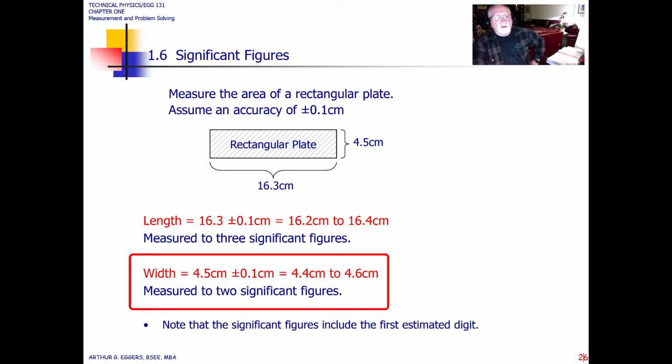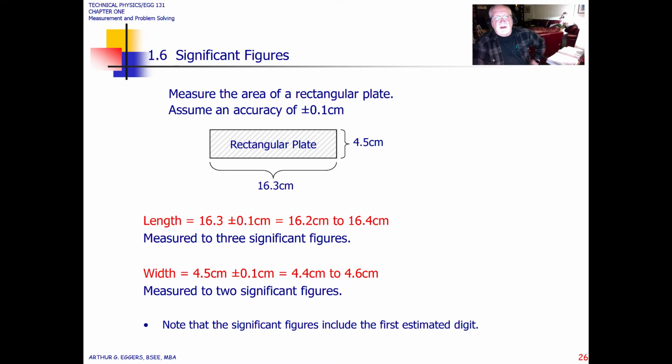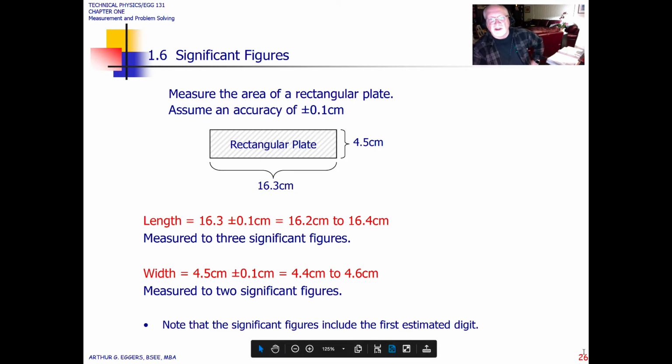So we've got 2 ranges here of accuracy and significant figures. On the long side, we've got 3 significant figures. On the short side, we have 2 significant figures. Note that the significant figures include the first estimated digit. Okay? So for us to do anything with this mathematically, we have to keep those in mind.